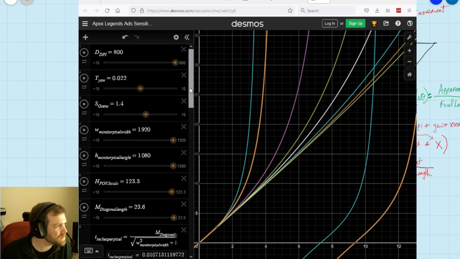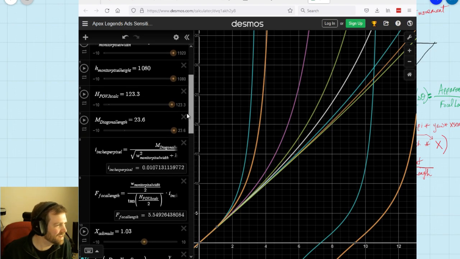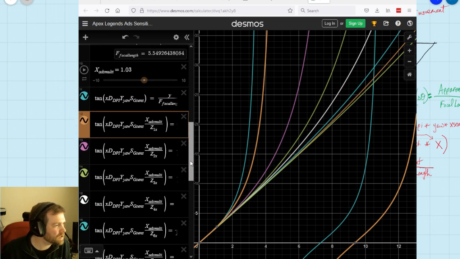Yeah, I'm having a problem seeing it. Where is it? If you increase focal length, it's the... Gotcha. Okay.